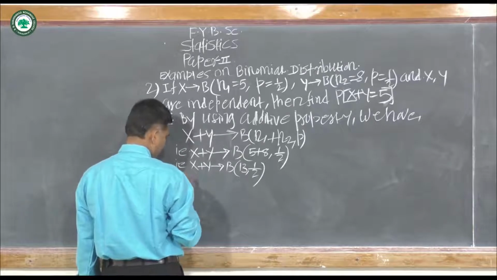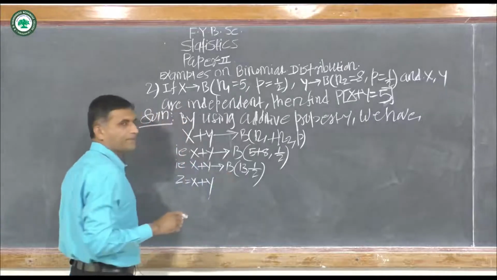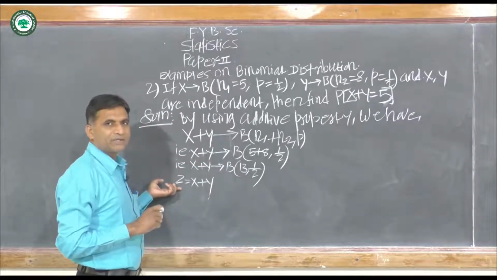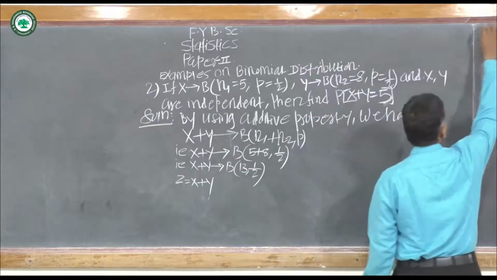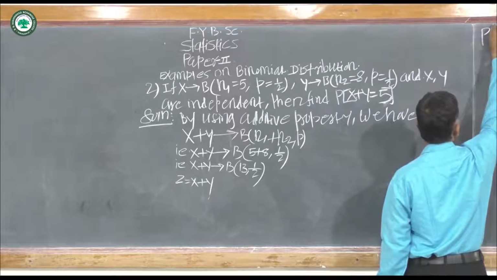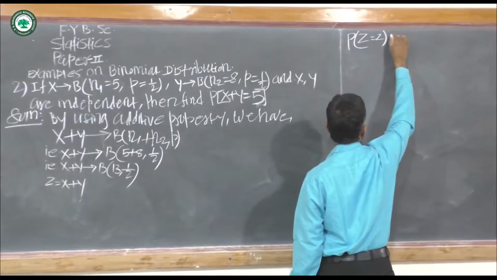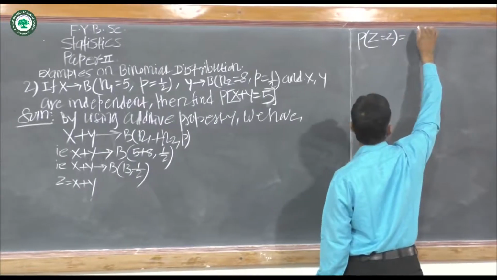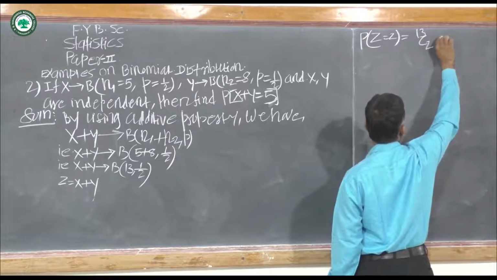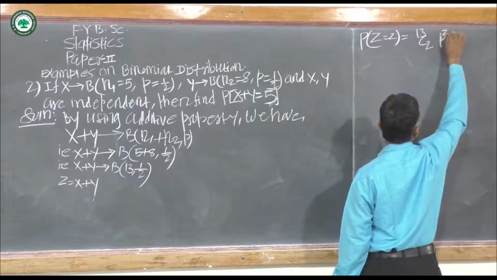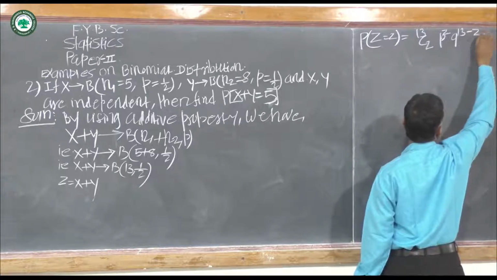Suppose z is equal to x plus y. Now the probability mass function of the random variable z is probability of z equal to small z, which is equal to 13C z into p raised to z into q raised to 13 minus z.